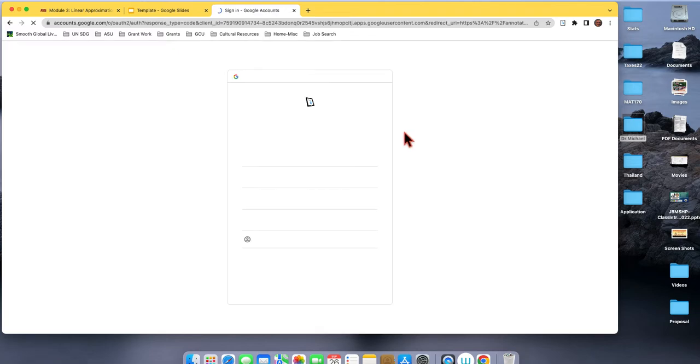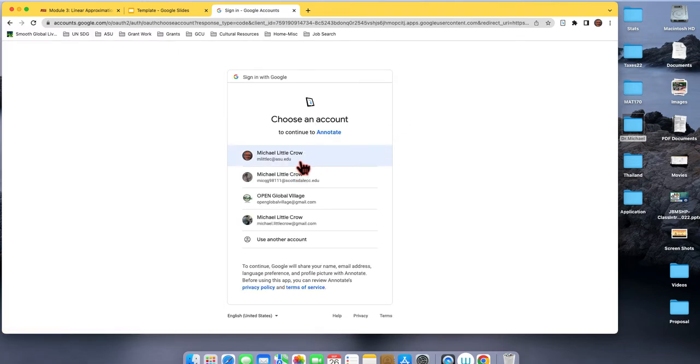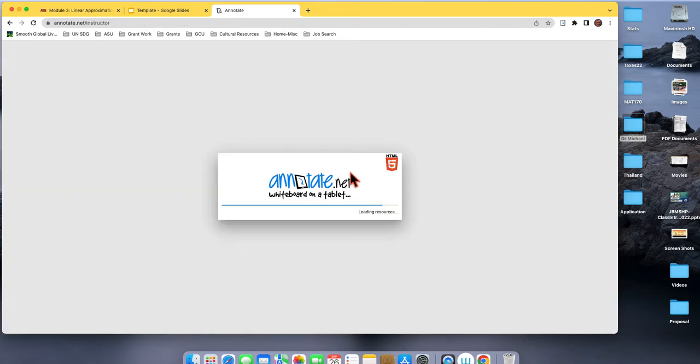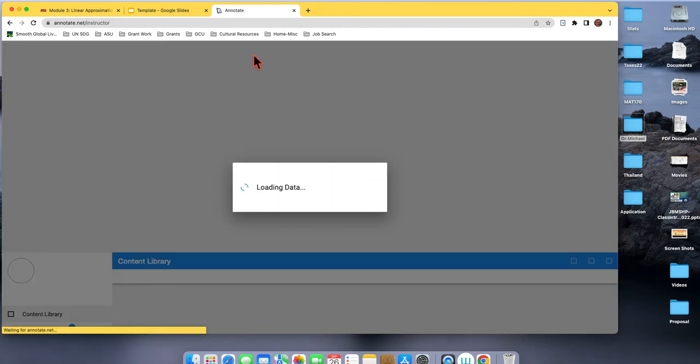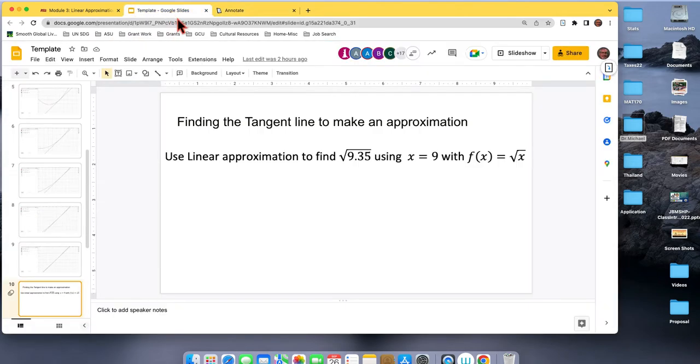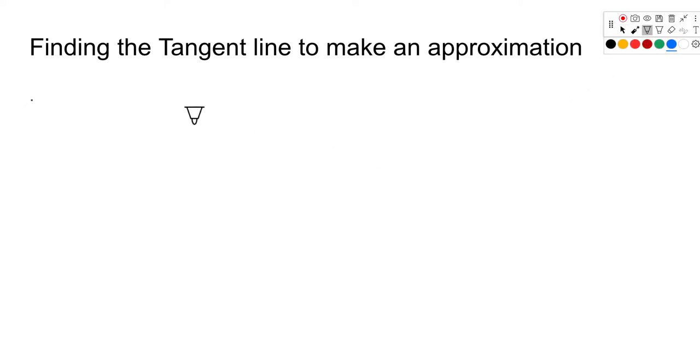I'll have to remember that. Okay, it's kind of a cool little app. It's called Annotate, which works with Google Chrome, so you can basically get a pen in any application, and it kind of sticks to what you're doing. Okay, so where are we?